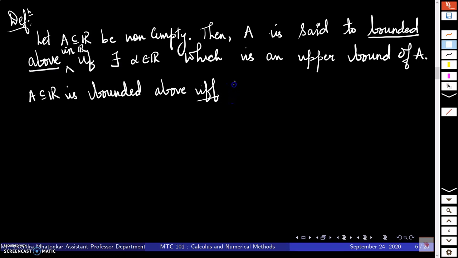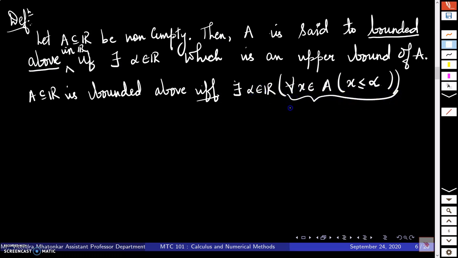So there exists an alpha in R such that for all x in A, x is less than or equal to alpha. That means alpha is an upper bound of A.